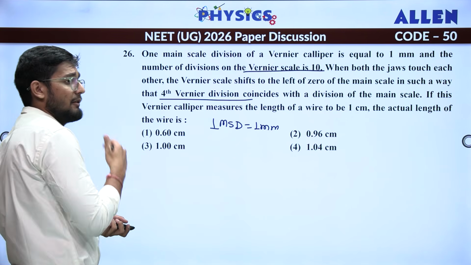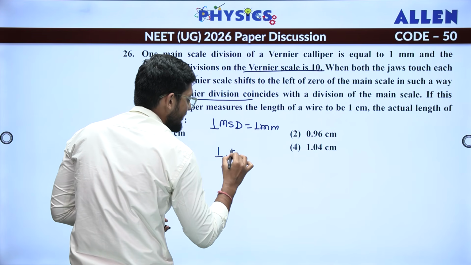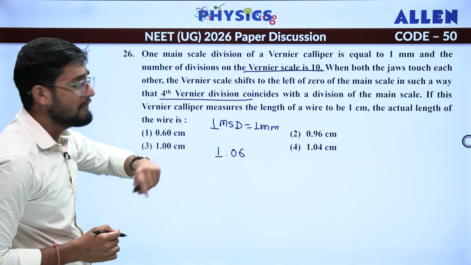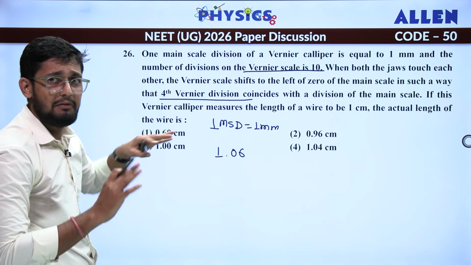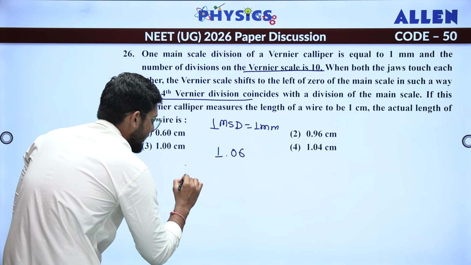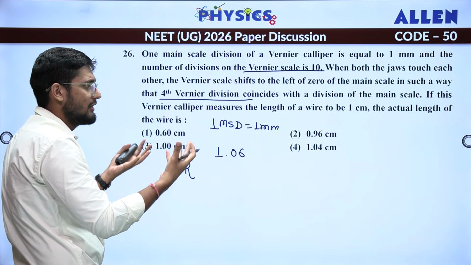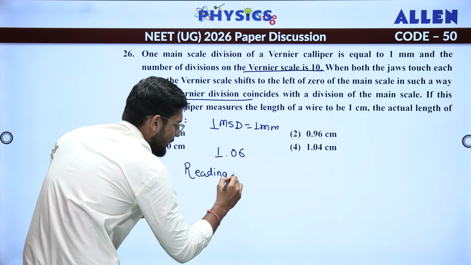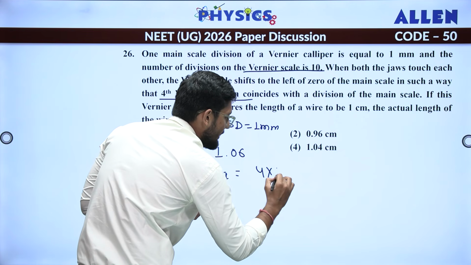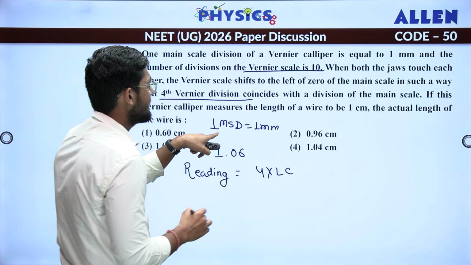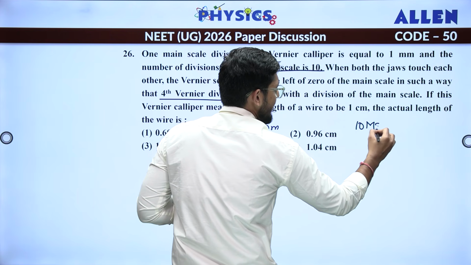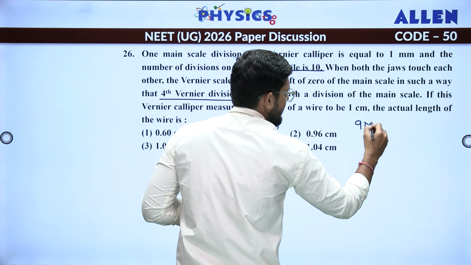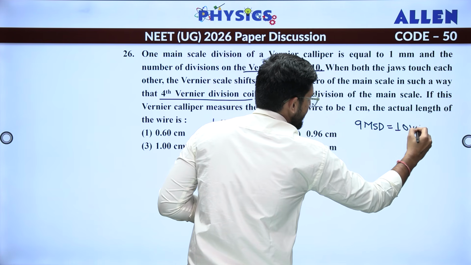So if we go with the actual formula, this comes out to be 1.06. But if we just blindly write the values, the reading when this is closed, for the 0 error, will be 4 into least count. Now what is the least count of this? We will consider that 9 MSD will be equal to 10 VSD.